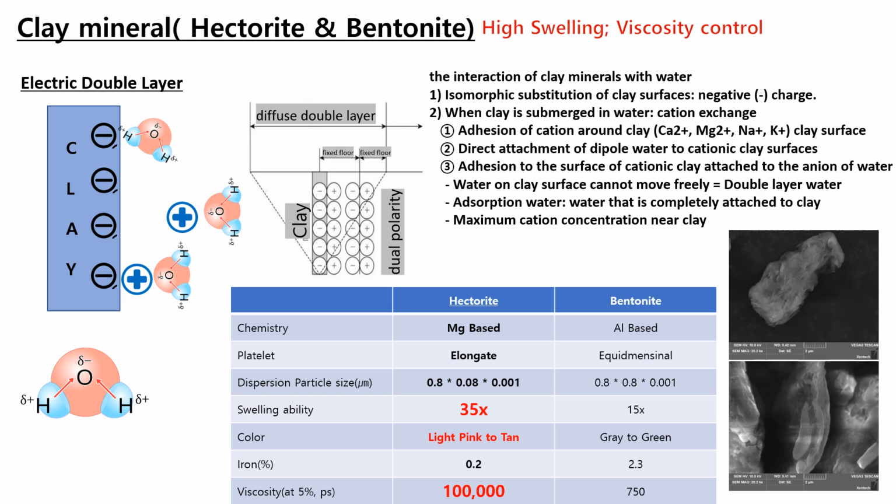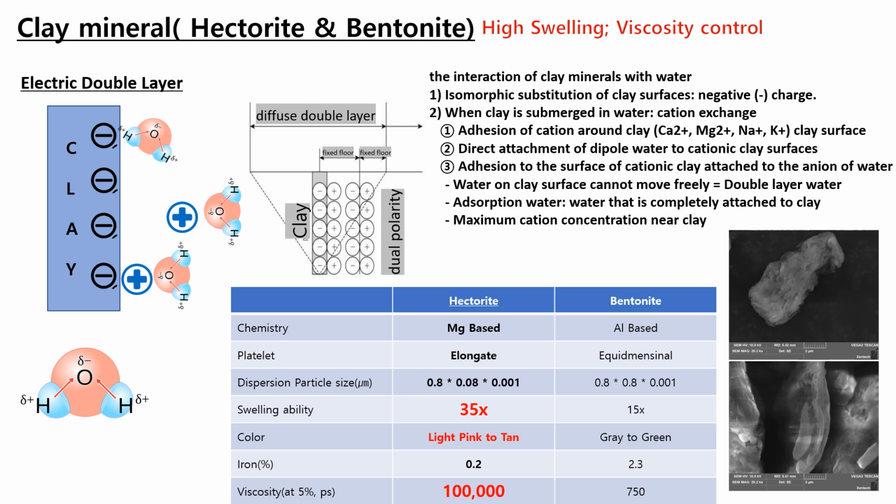This slide explains the electric double layers in clay minerals, hectorite and bentonite. Clay minerals like hectorite and bentonite carry a negative surface charge, mainly due to isomorphic substitution within their crystal lattice. When these clays are immersed in water, an important process called cation exchange occurs.